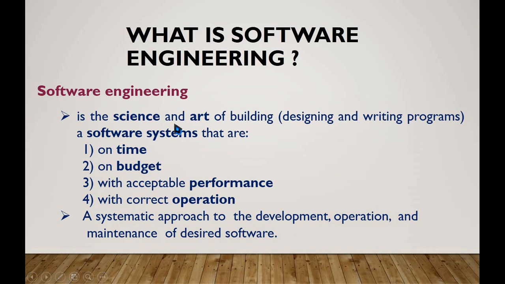It is the science and art of building a software system that is on time, on budget, with acceptable performance, with correct operation. A systematic approach to the development, operation and maintenance of desired software. So that is software engineering.